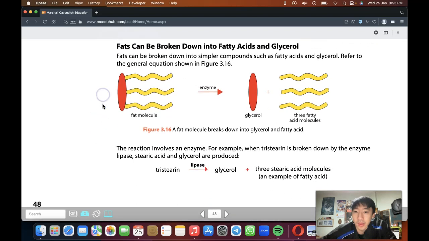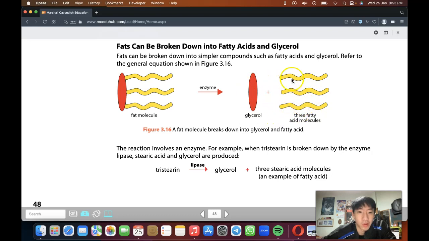Fats can be broken down into simpler compounds such as fatty acids and glycerol. This is a fat molecule, or you can even call it a lipid molecule. The enzyme called lipase will break it down into glycerol and 3 fatty acid molecules.